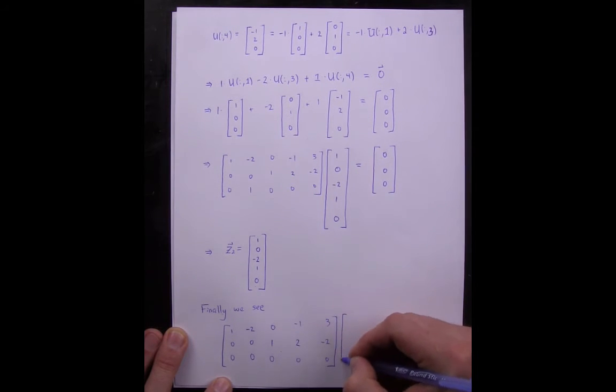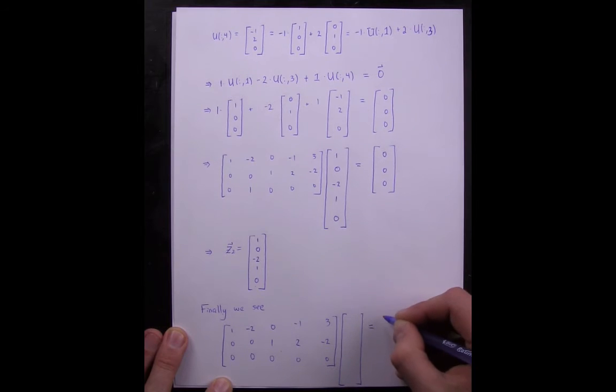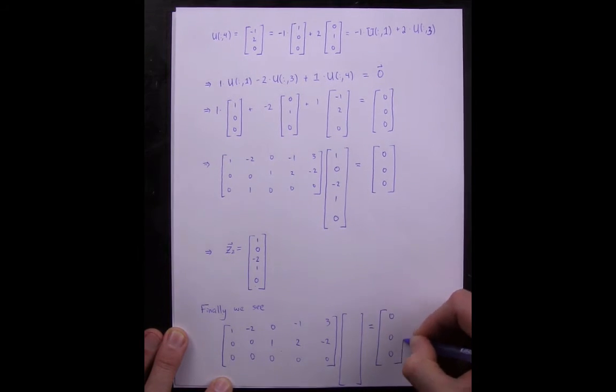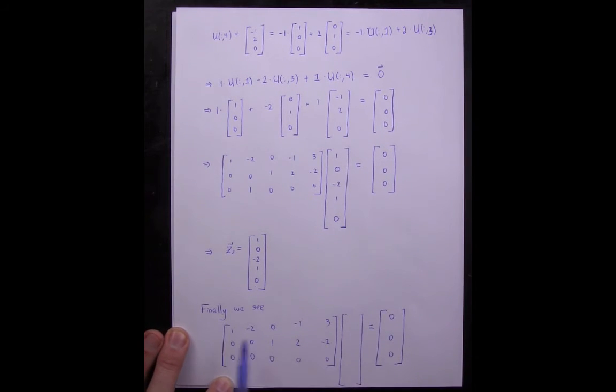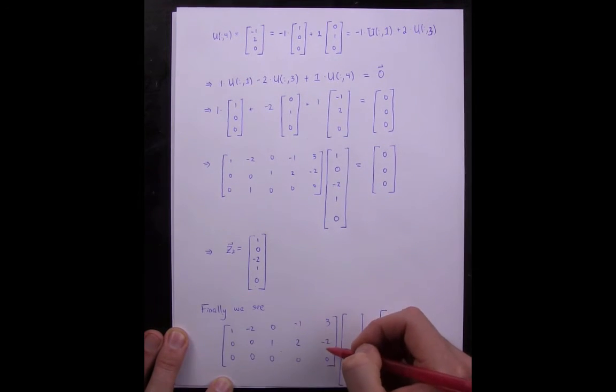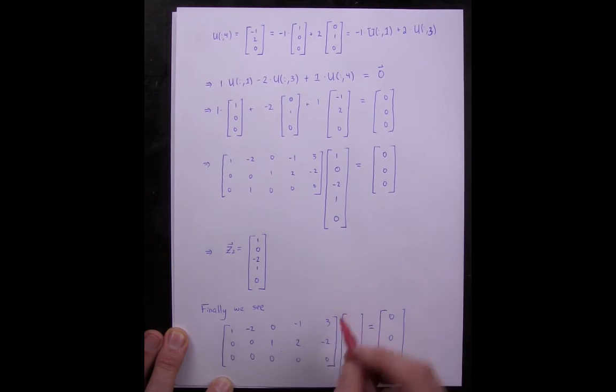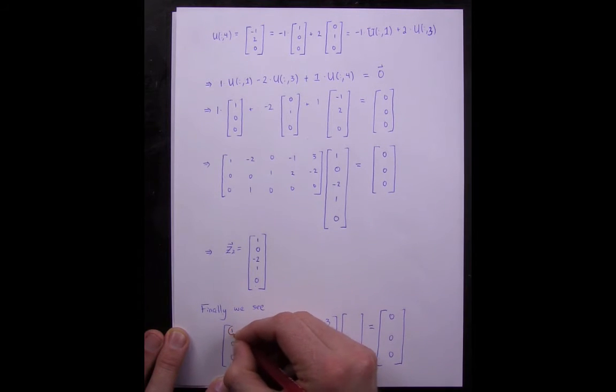Remember, we're looking for an input vector that produces 0 just by taking linear combinations of the columns of U. Well, we know that this third non-pivot column, which happens to be the fifth column in general, can be written as a linear combination of these two pivots.